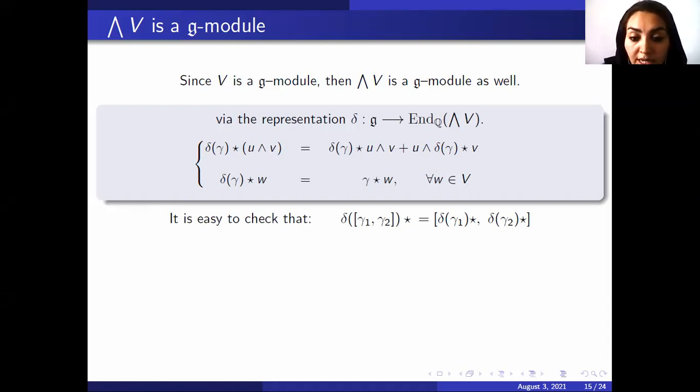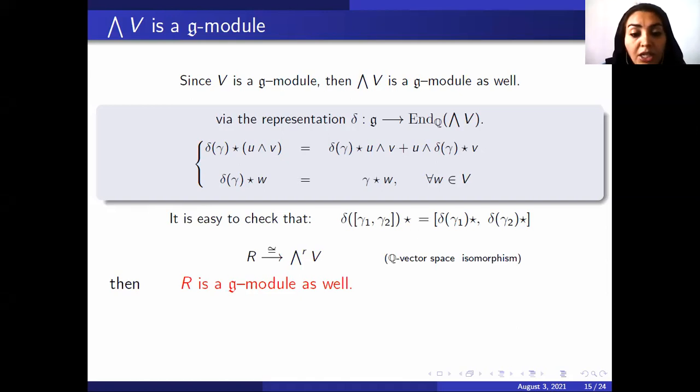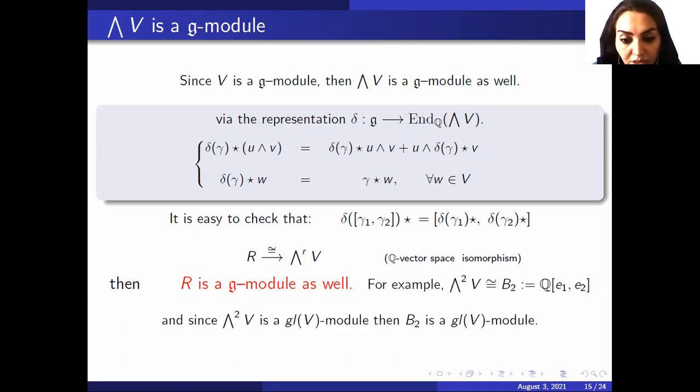But the point is that if R is a Q vector space isomorphic with wedge RV, then R is a G module as well. So, for example, wedge 2V is isomorphic with V2, which is the polynomial ring in two indeterminates E1 and E2. And since wedge 2V is a GLD module, then V2 is a GLD module.